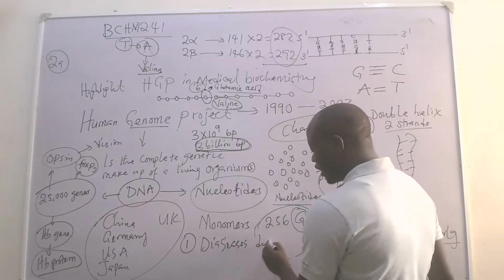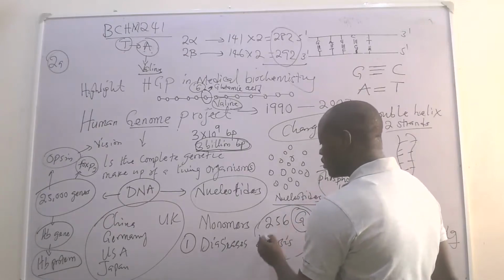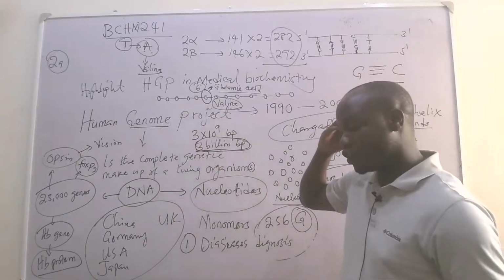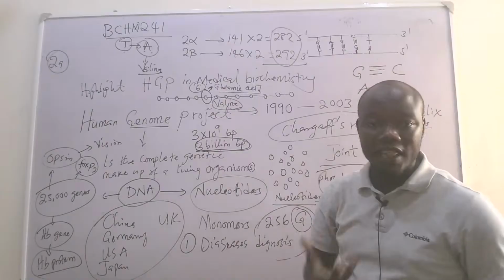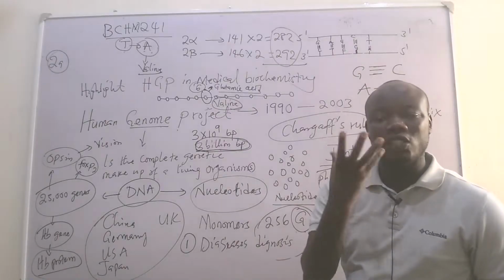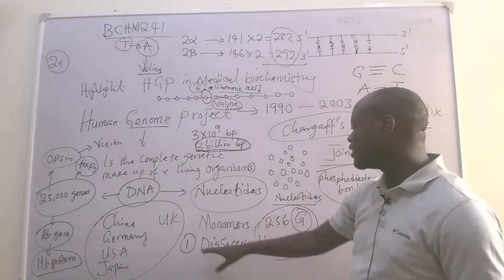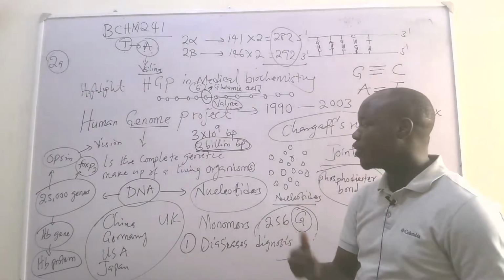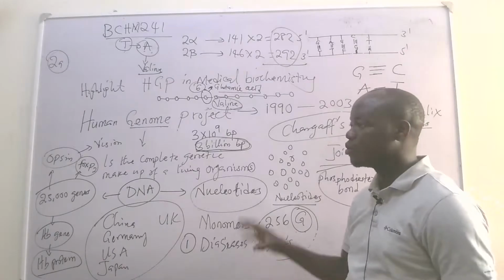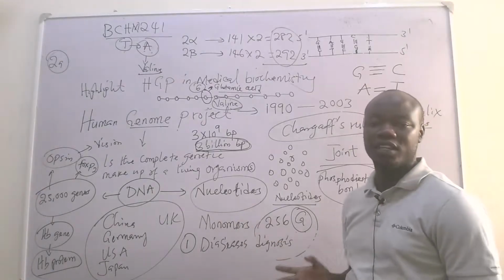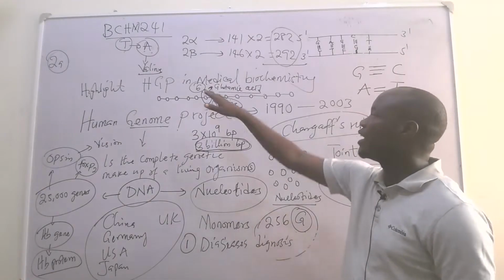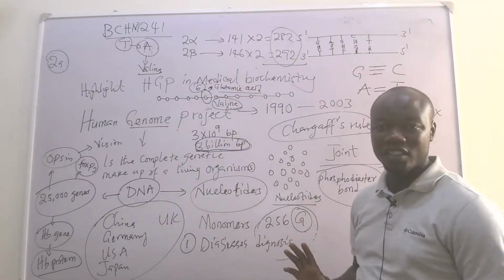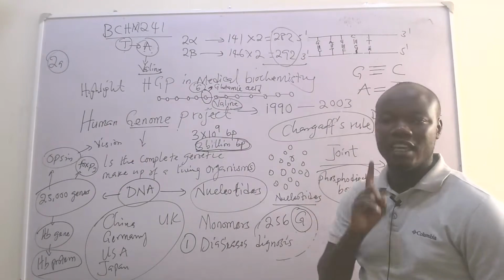So with the knowledge of the Human Genome Project, it can help scientists to isolate DNA and check a gene to see whether it is related to the presence or absence of a disease. So that is one of the relevance of the Human Genome Project: you can use it in disease diagnosis.